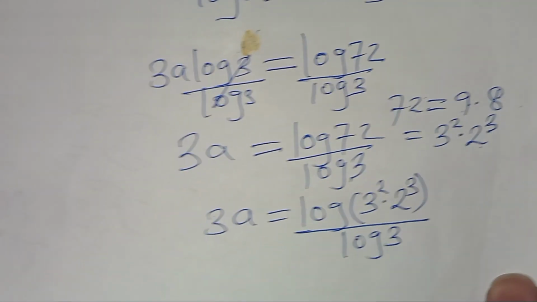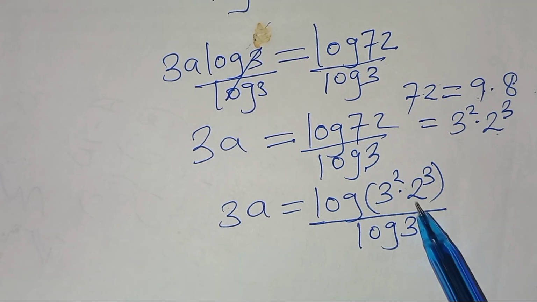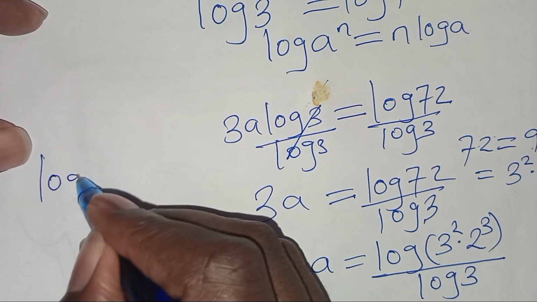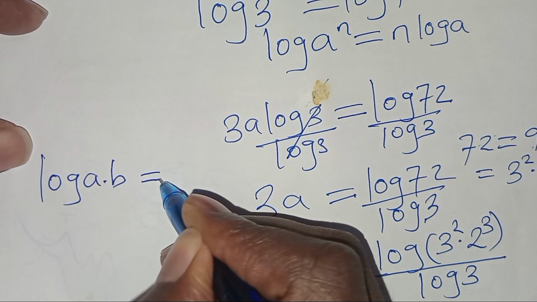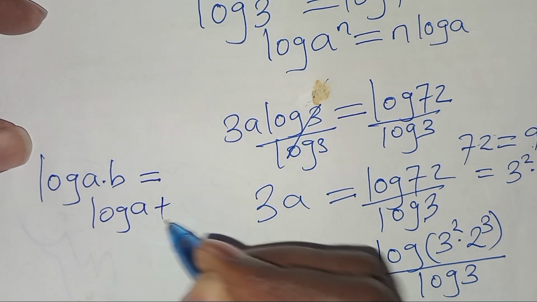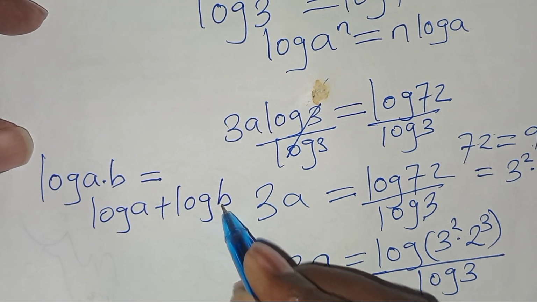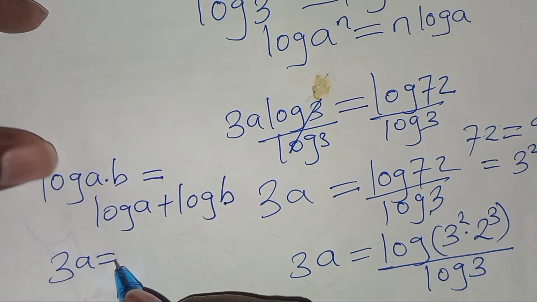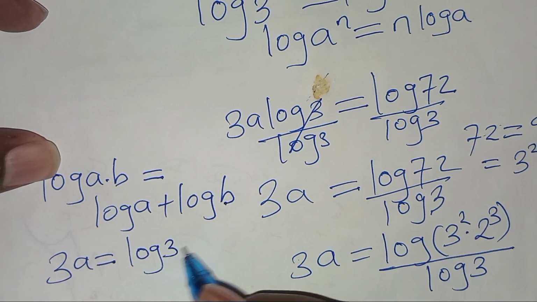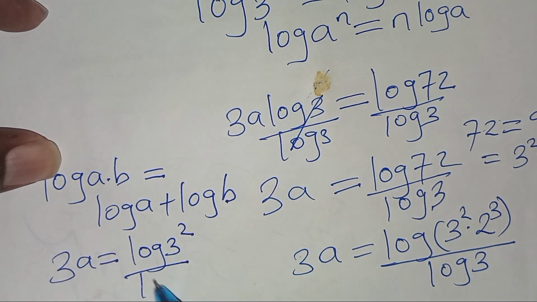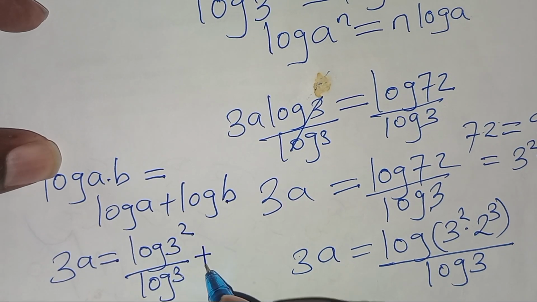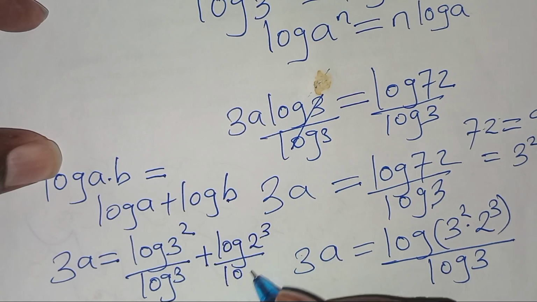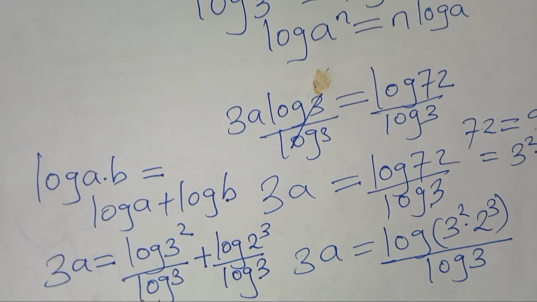Now, log of 3 to power 2 times 2 to power 3 is essentially in the form of log a times b, which we can express as log a plus log b. Applying this property, we'll have 3a equal to log 3 to power 2 divided by log 3, plus log 2 to power 3 divided by log 3. Let's proceed from here.